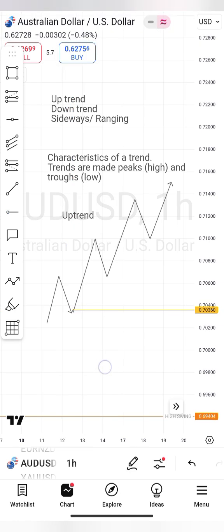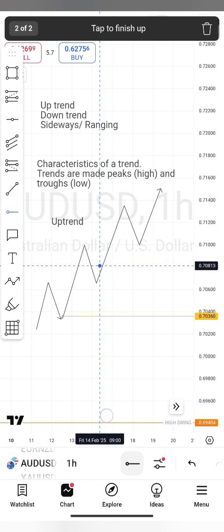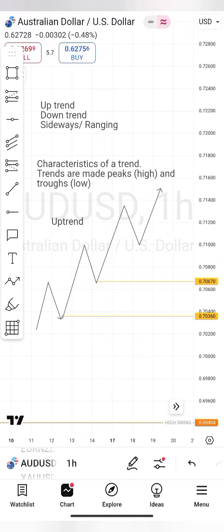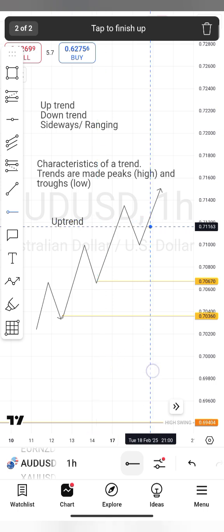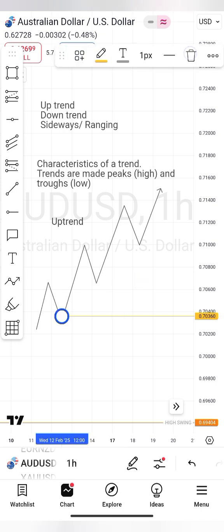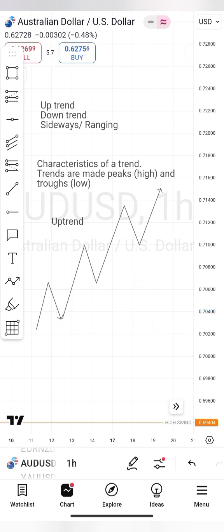So this is the first one, a higher low, and the new low is another higher low in comparison to the previous low. Okay, this is a textbook representation of an uptrend.